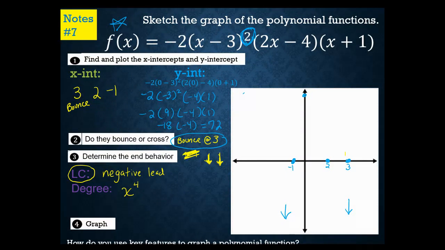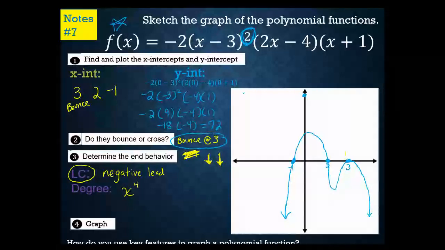So I got a bounce from there. So I'm going to move this arrow over a little bit. So I'm going to come up and I'm going to bounce at 3. Bounce at 3. I'm going to go down and up and down, and we're done. We have a bounce at 3. Okay?